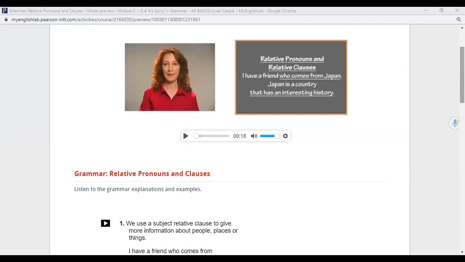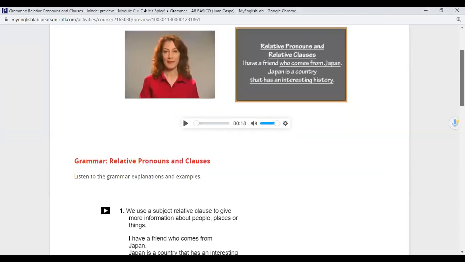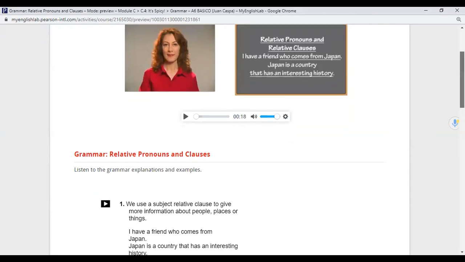Just let me show you something. Over here we have relative pronouns and relative clauses.